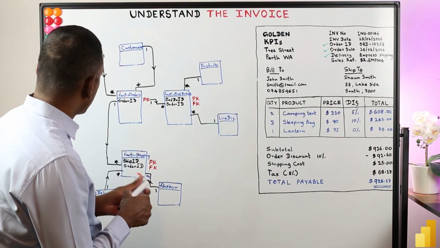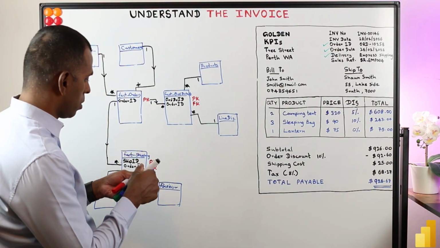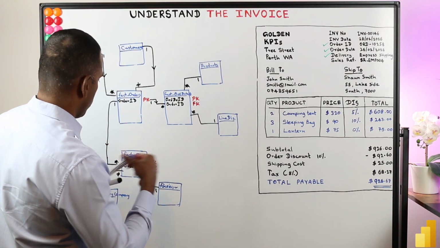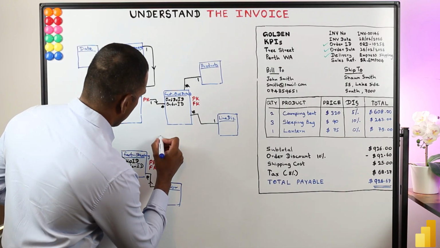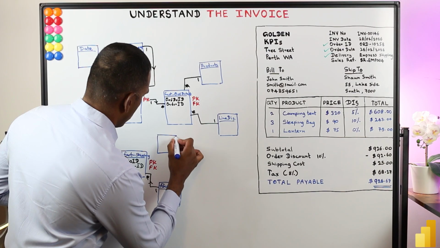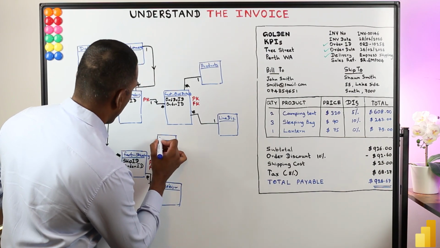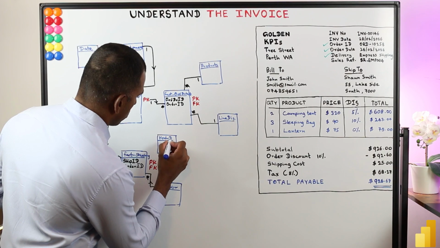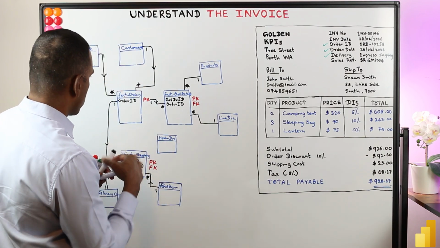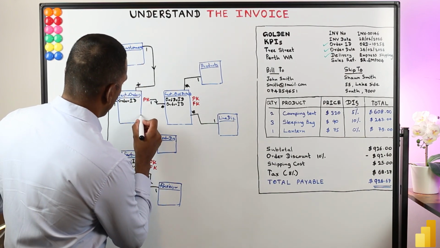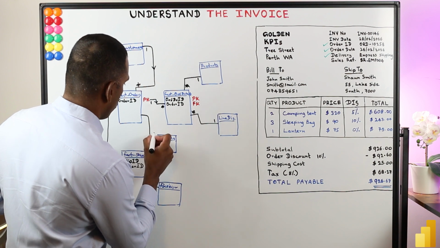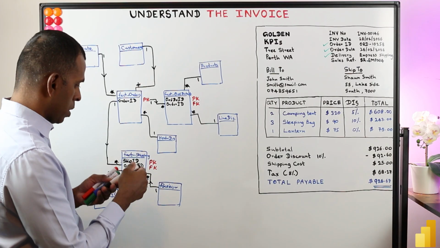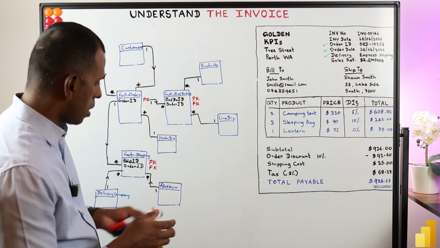So those discounts go to the fact table. Those are header level discounts. I will put header level discounts. So it's connected to here. One discount can have many. All right, just like that.